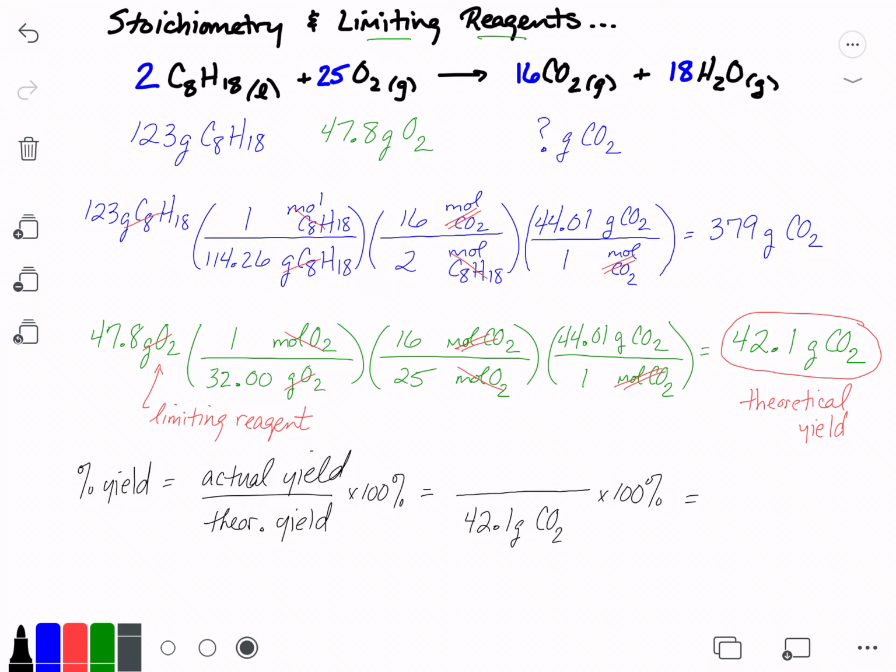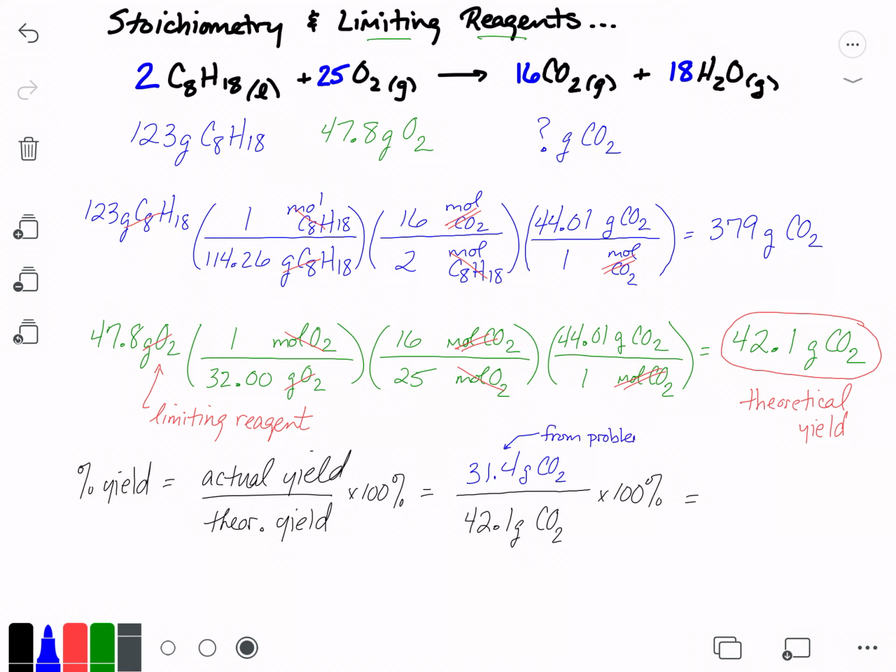And so let's pretend that this problem said I'm reacting 123 grams of octane with 47.8 grams of oxygen. Calculate the theoretical yield and the limiting reagent. And then it might say, what is the percent yield if the reaction is determined to have actually made 31.4 grams of CO2. This is from the problem.